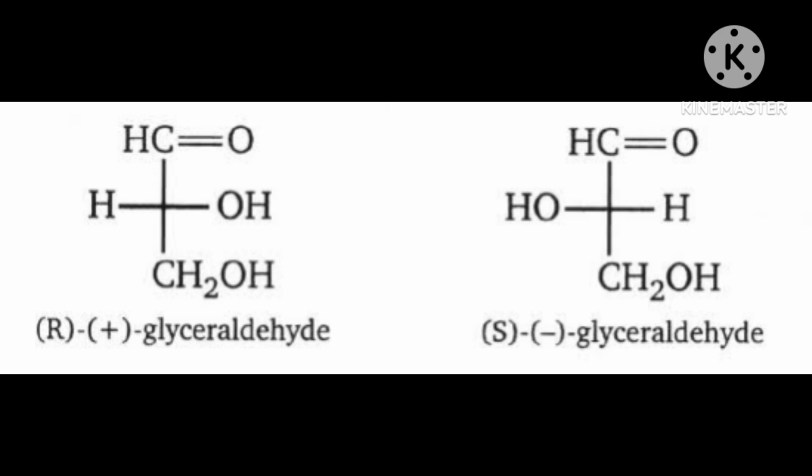In the first glucose structure, of the 3 structures I told you at that time, you have to think of the asymmetric carbon, meaning 4 different groups. In glucose, the last is CH2OH, the left side is H, the right side is OH.